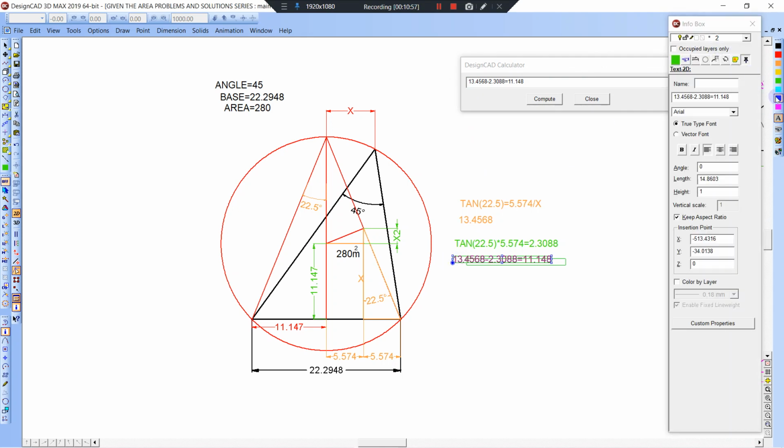That's actually should be going into blue, huh? No, we'll leave it in green.